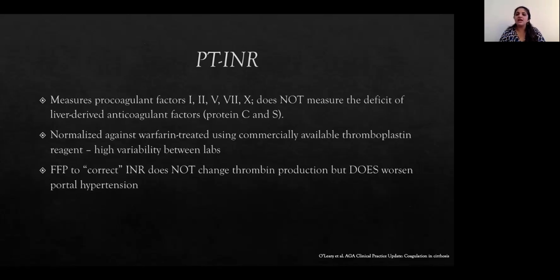It measures factors 2, 7, 1, 2, 5, 7, 9, and 10. It does not measure the deficit of protein C and S, like I mentioned earlier. It is normalized against warfarin-treated, commercially available thromboplastin reagent, and there's a lot of variation between labs, so instead of focusing on the prothrombin time itself, we focus more on the INR, or the normalized ratio.